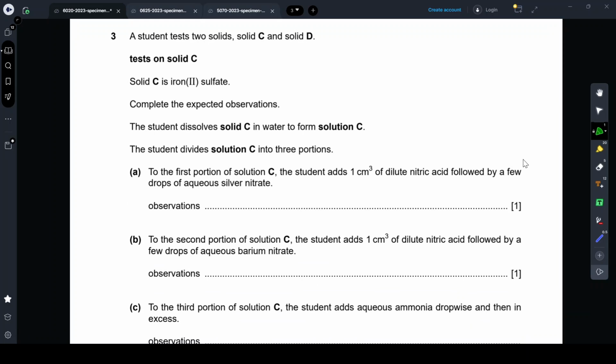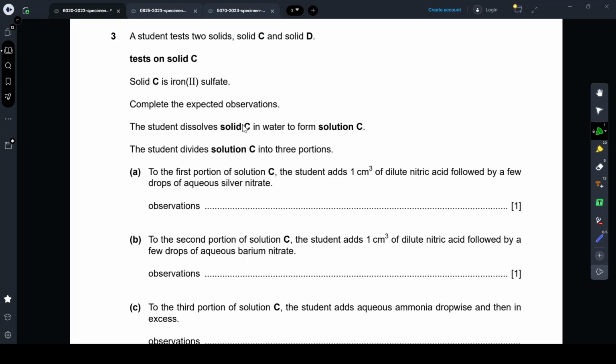So a student tests 2 solids, C and D. Test on solid C. Solid C is iron 2 sulfate. So he's taking iron 2 sulfate and he's conducting some tests on these things. Complete the expected observations.